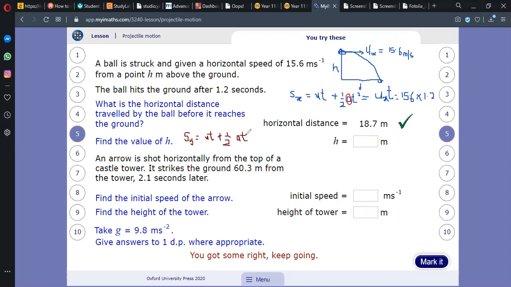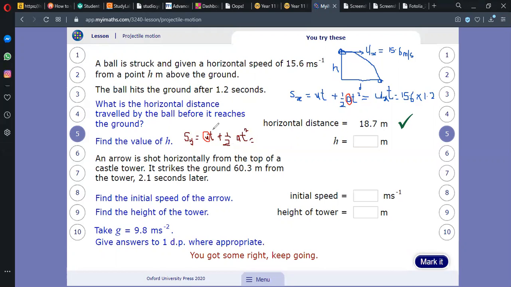So at this point, what do you have? For the vertical direction H, we know that the initial velocity vertically is going to be 0 because it was only a horizontal velocity that we had.